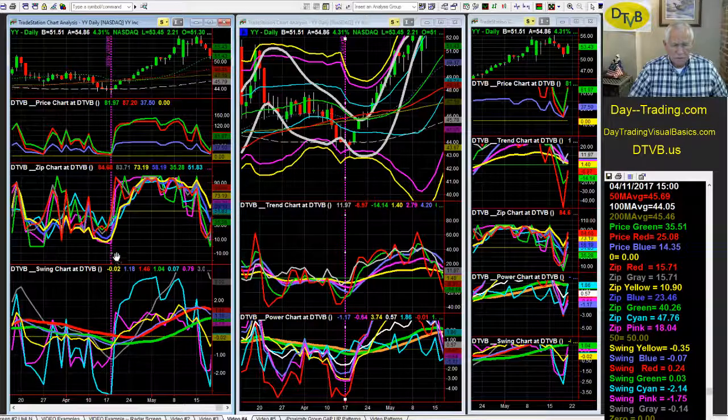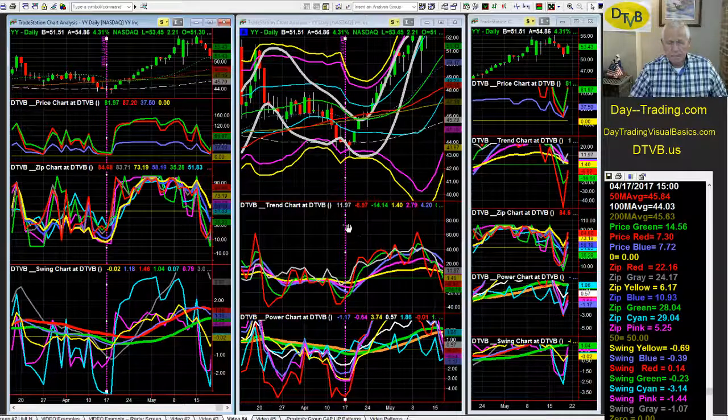One of the differences that I want to point out to you as well here, each of these pink vertical lines are now on the candle the day before the real bottom of the cycle. If you look at your zip yellow and your zip blue, they are still going down.